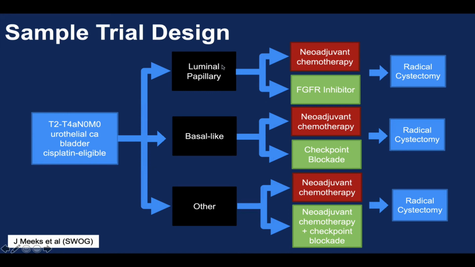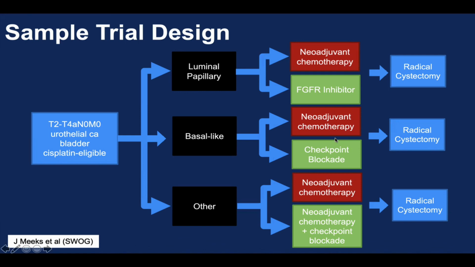And I told you that luminal papillary is often driven by FGFR3 alterations, and they're unlikely to be upstaged to extravesical extension at time of cystectomy. So we would compare an FGFR inhibitor versus neoadjuvant chemotherapy before cystectomy.